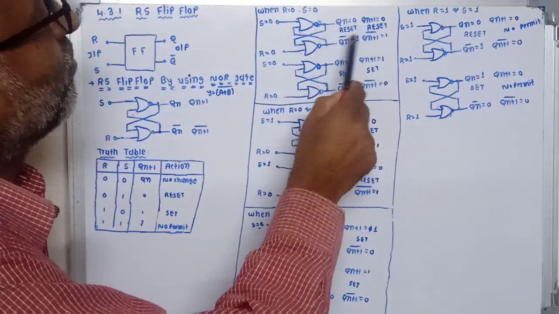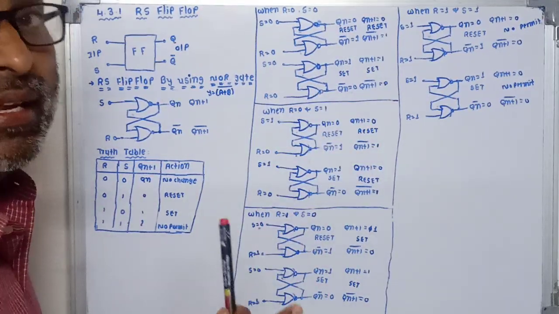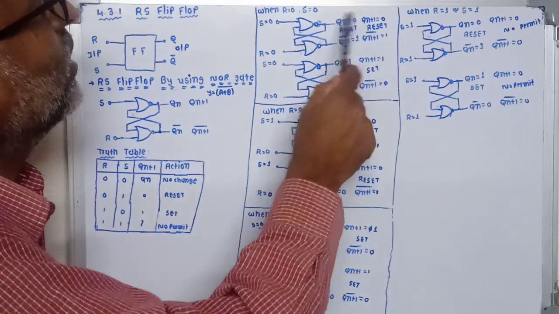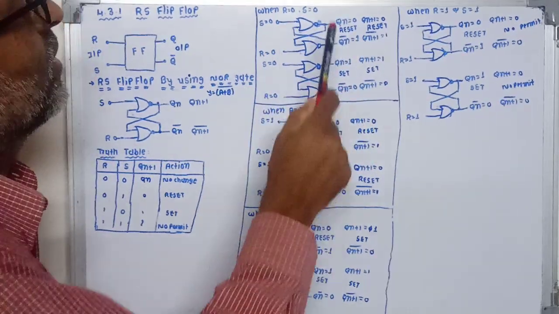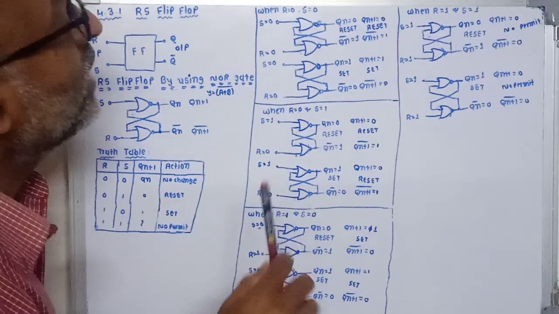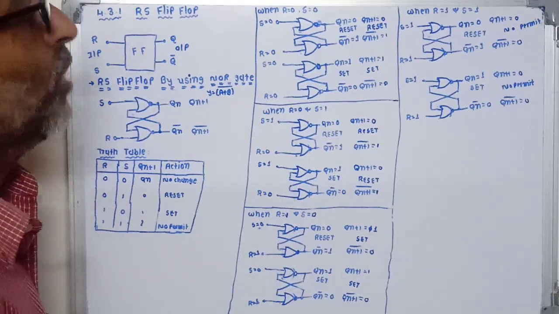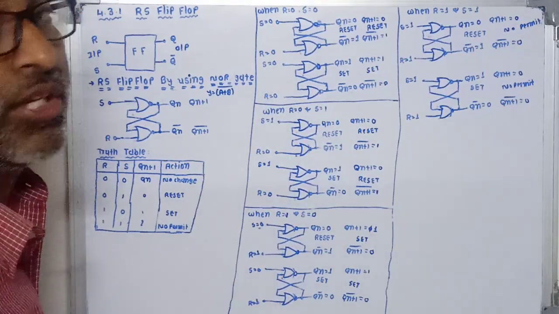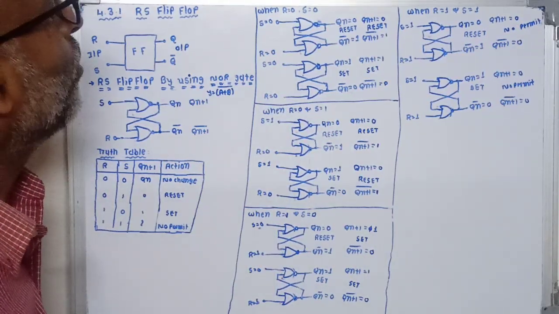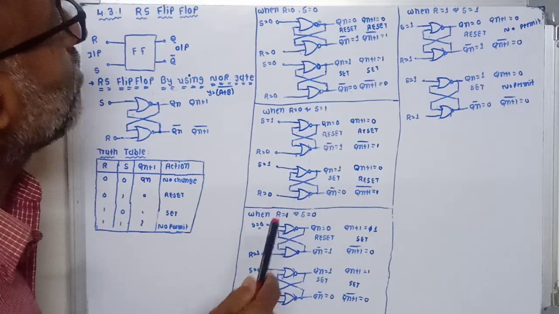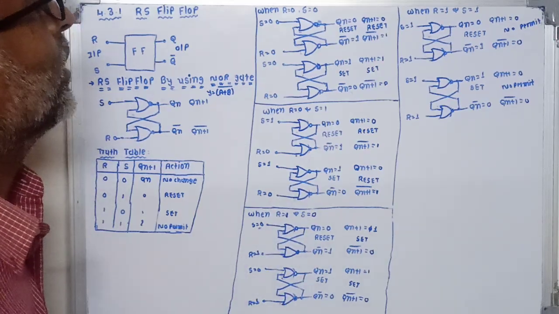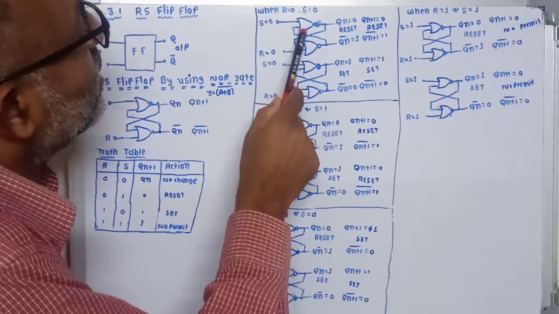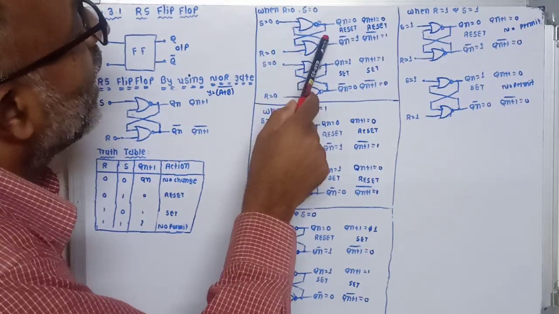Here we are first considering our flip-flop in reset condition before applying any input. That is, initially our flip-flop is in reset condition, that means Qn is equal to 0 and Qn bar is equal to 1. Now when S is equal to 0 and R is equal to 0, that means 0 input is applied to the S terminal as well as the R terminal. Now you can see that the inputs of the first NOR gate become 0 and 1.